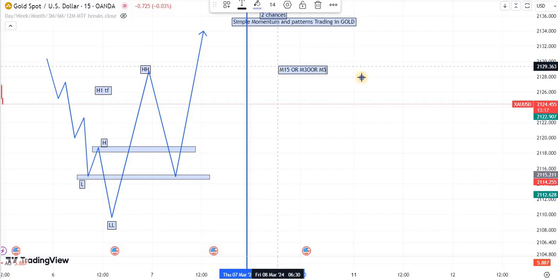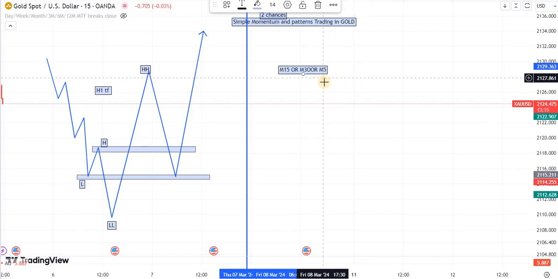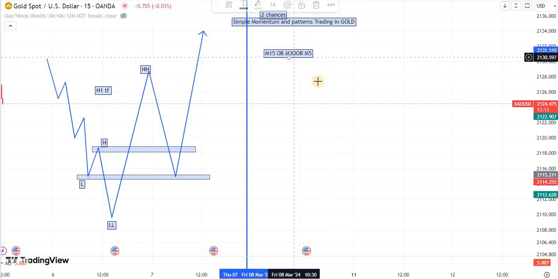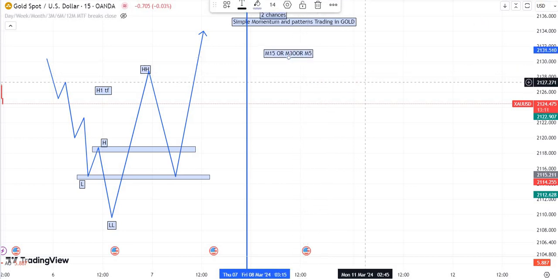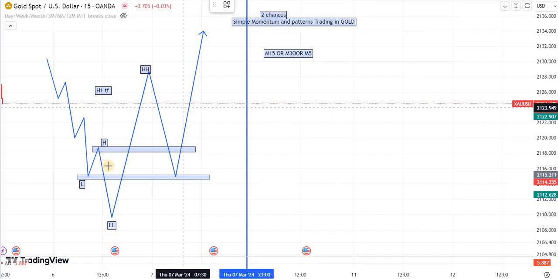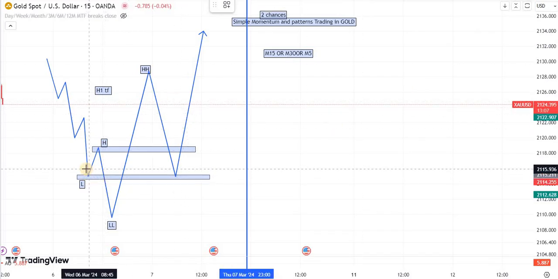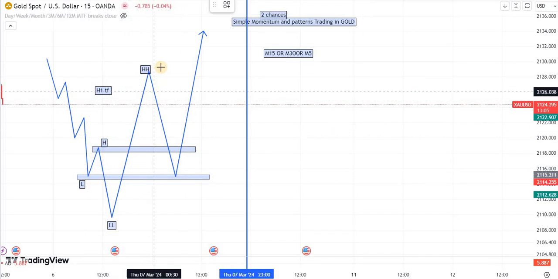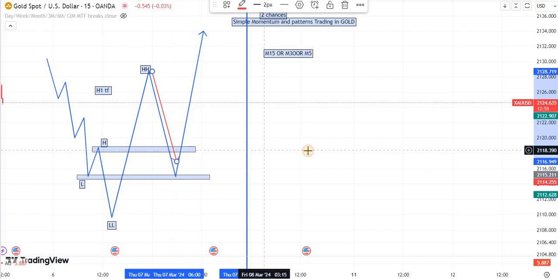So what does this "or" mean? Let's see. When the market is retracing towards the downside like this.